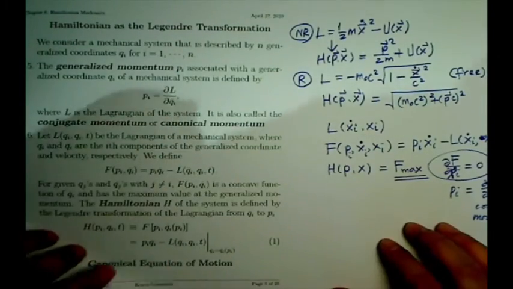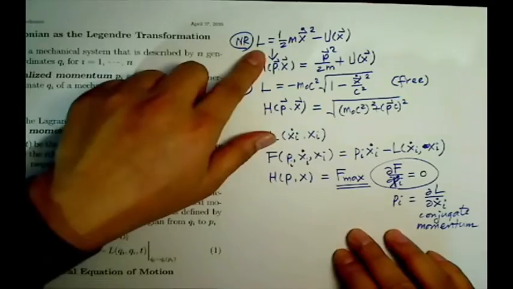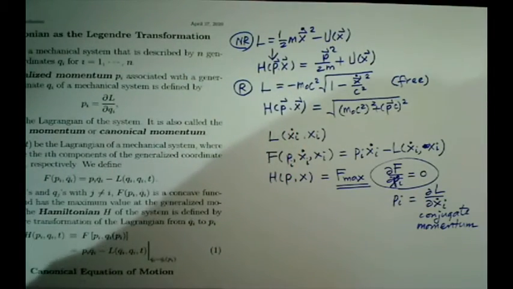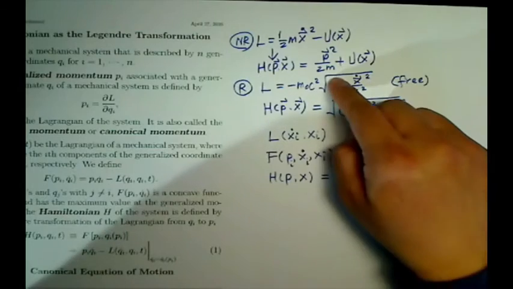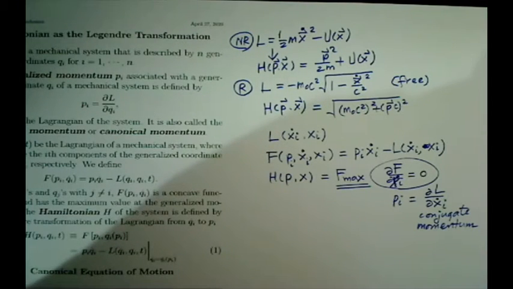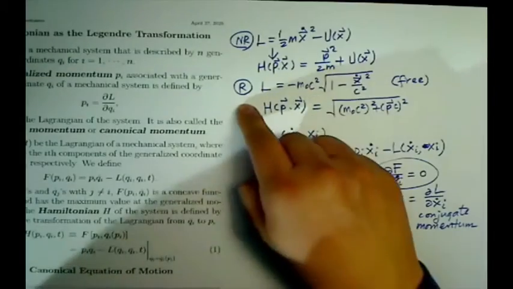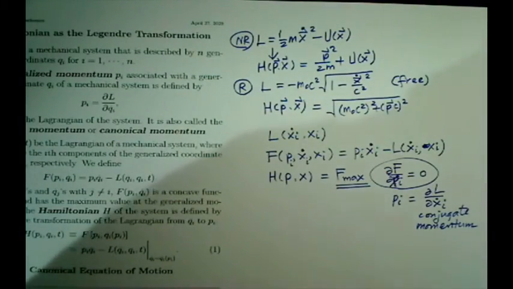Thus, in the non-relativistic case, the Lagrangian was expressed in terms of x dot and x, that is 1/2 m x dot squared minus u of x, and the corresponding Hamiltonian was p squared over 2m plus potential energy. In the relativistic case, the Lagrangian was obtained like this by taking into account the Lorentz invariance of the action, and the expansion of the Lagrangian in the non-relativistic limit reproduces the free particle Lagrangian.